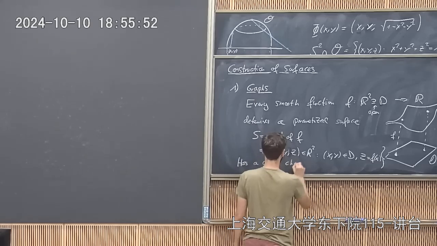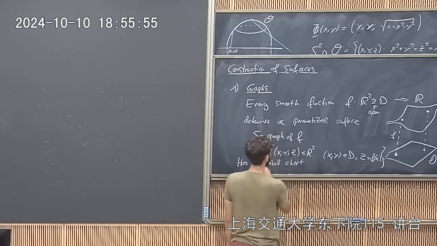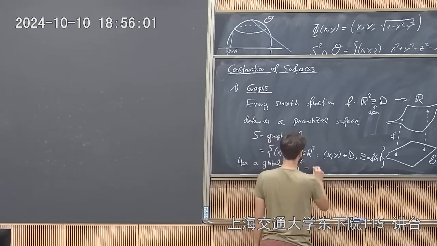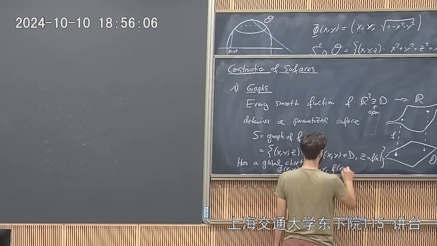There's a global chart which is given by just a function that maps x and y onto the point x, y, and f of x, y.